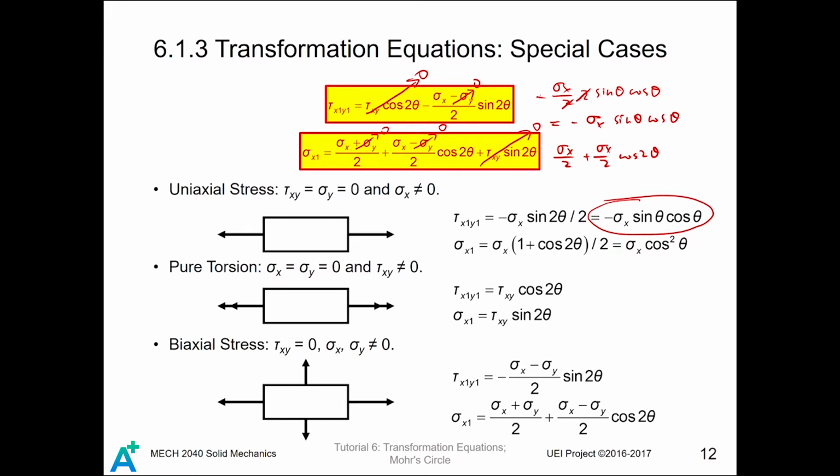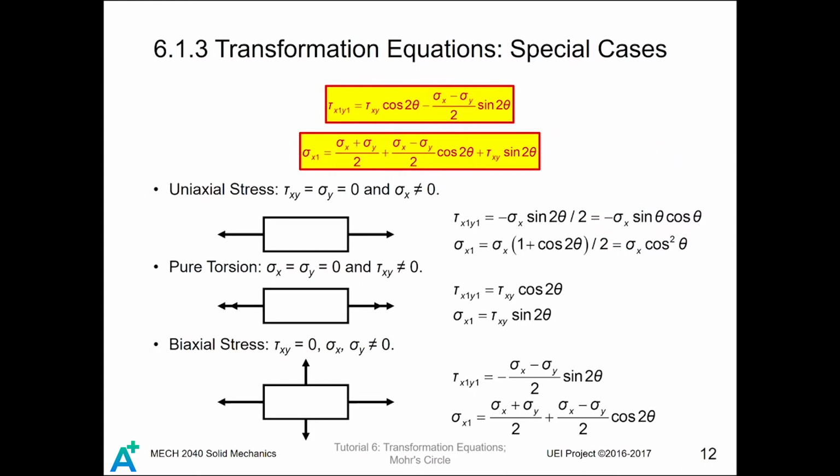This 2 is cancelled by the denominator. Therefore, what's left is just sigma x cosine squared theta. So those two formulas are exactly comparable to the conclusion we drew in the previous chapter when we were talking about the stresses on an inclined plane.